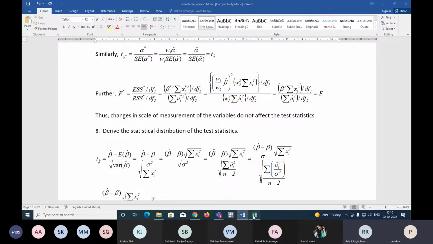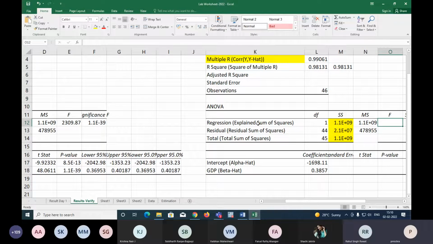So basically mean of ESS, that is this one, divided by mean of RSS, that is this one. And you see the F value.